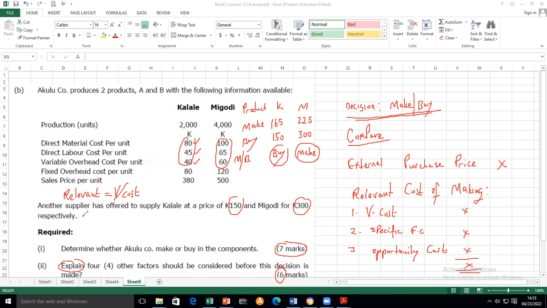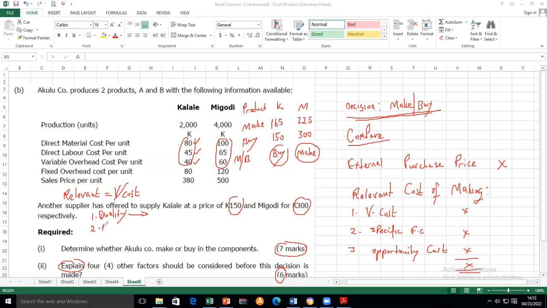Number one, what is the quality of the product? Yes, I can supply it cheaply, but what is the quality? Is the quality in line with our own quality standards? Does it meet our quality standards? Will our customers be happy?